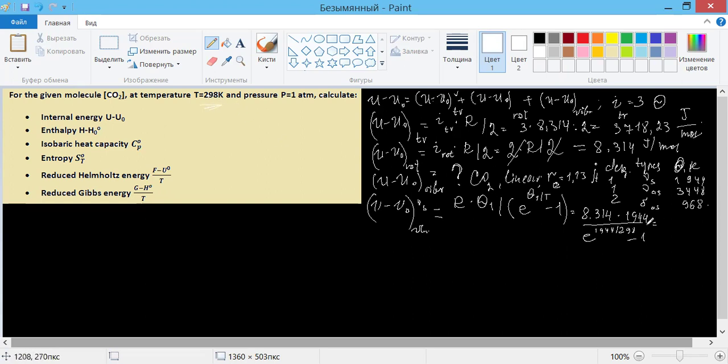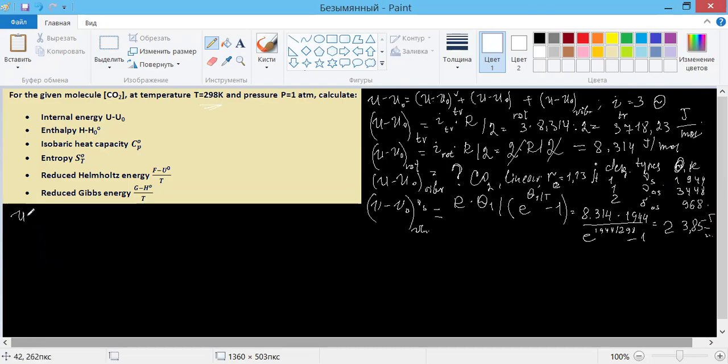And if you've got your calculators, you can see that the answer is equal to 23.85 joules per mole. We have just finished the calculations of the vibrational internal energy related to the first type of the vibration. Now we're going to do the same for the second type.